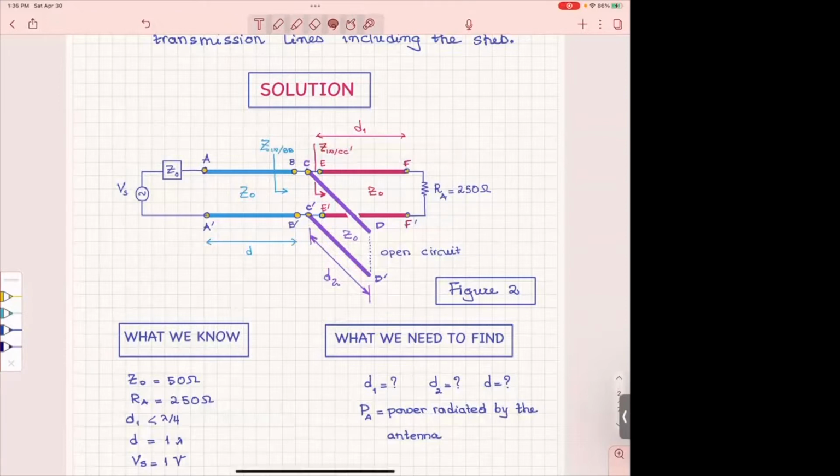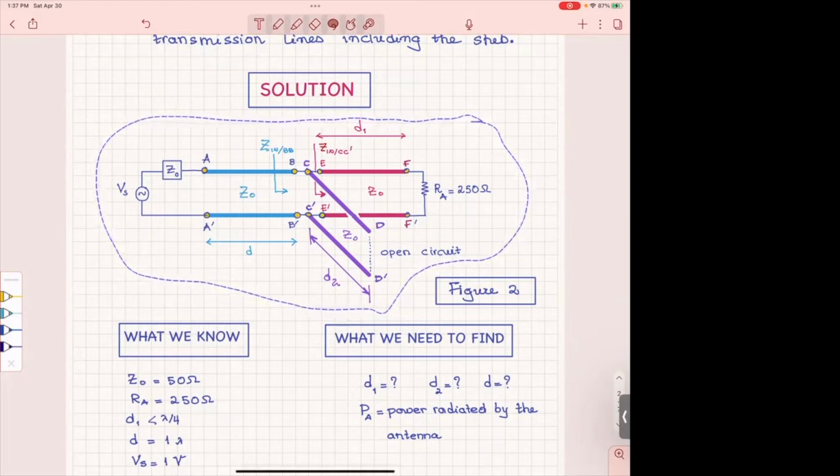But what I decided to do, and I will probably do the same thing for your exam, is to show the first section of line and name the input and output ports, and then show this section of line and name also the input and output ports, and then also name separately the input and output ports of the stub. But what I will do in the problem, as I said in class, I'm going to give points for redrawing on your own, copying the figure and drawing it.